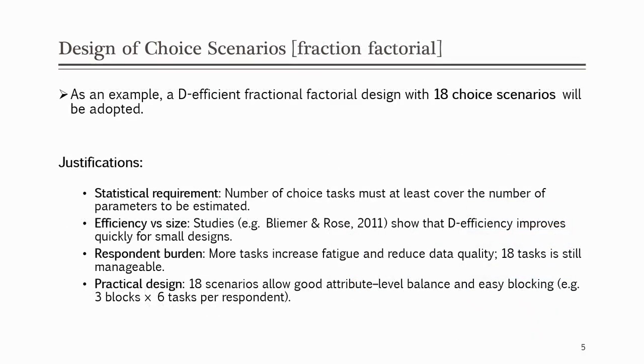As I said, we have to go through fractional factorials, and the most used and most efficient one is called D-efficient fractional factorial. Basically, there are 3 types of fractional factorials. One could be random: if you have the full factorial combinations, the algorithm picks random choice scenarios from them.